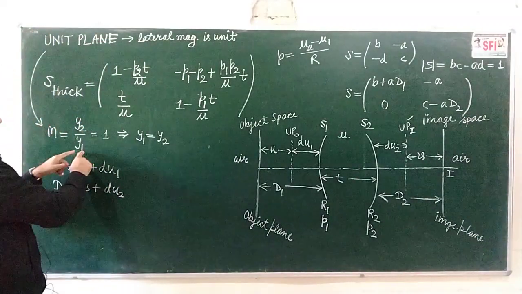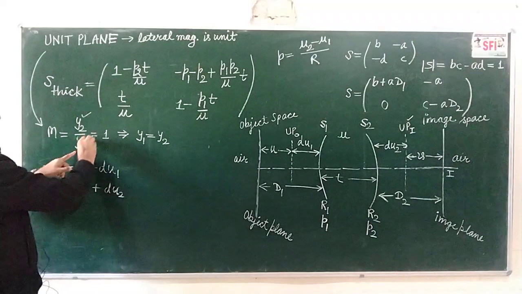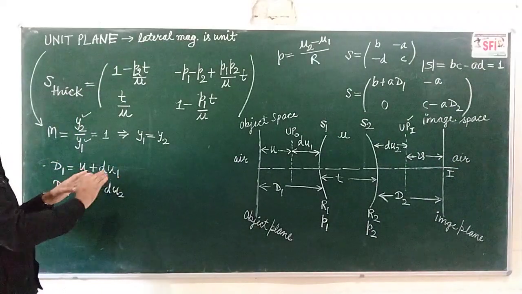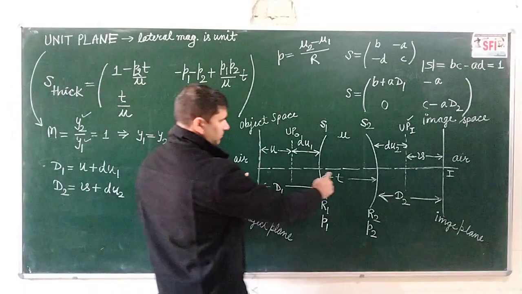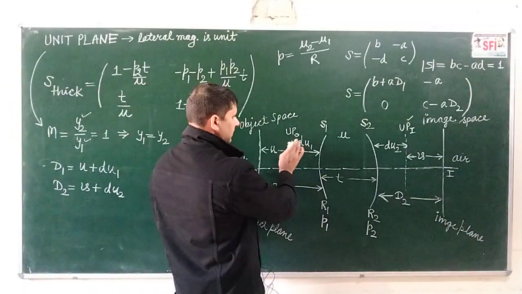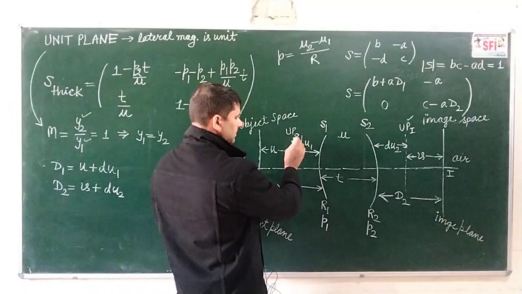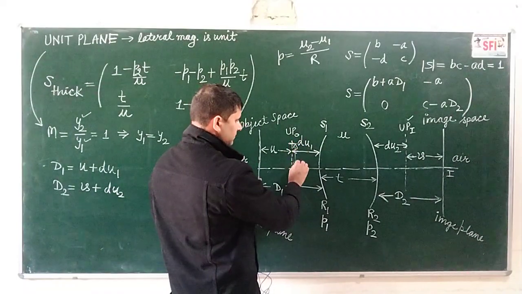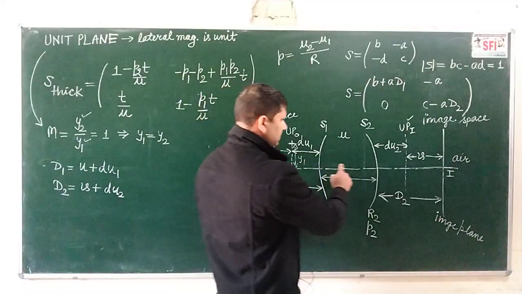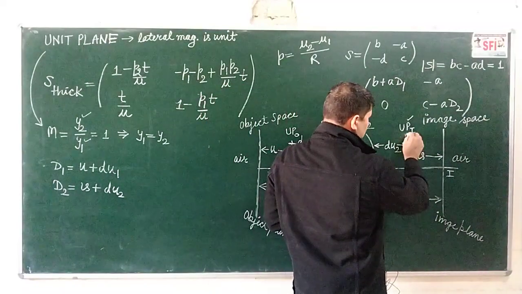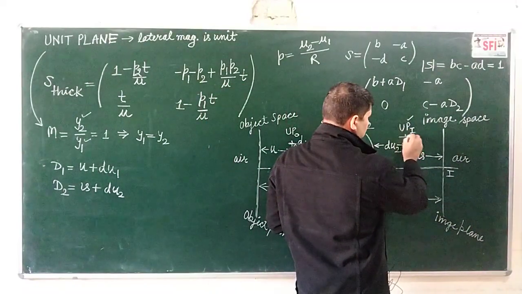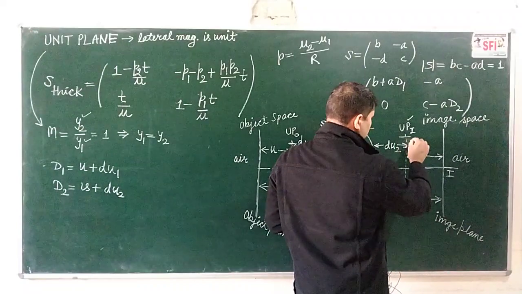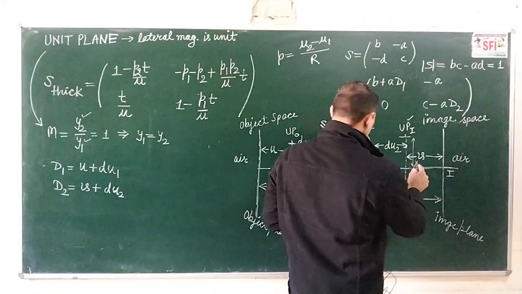So here we are to see the height of the ray with respect to the optical axis. This is our optical axis, and if a ray in the unit plane is at a height of y1 here, then this ray will emerge from this unit plane at the same height, y2.